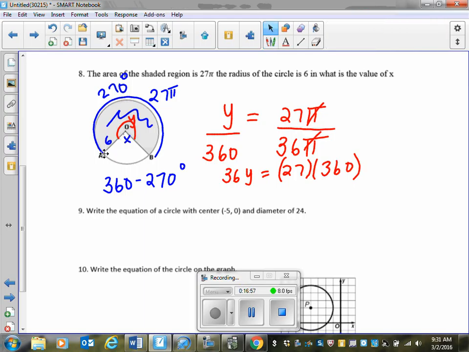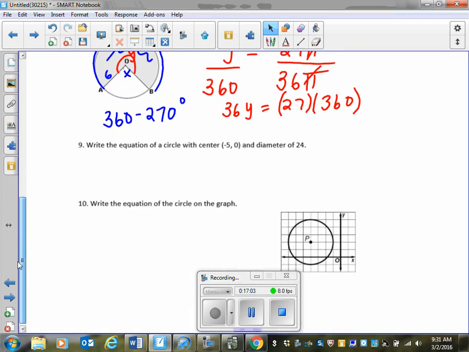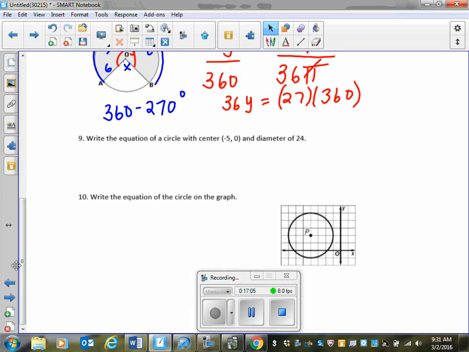All right, number 9. Write the equation of the circle with the center and the diameter is 24. Remember, I have the center, very good. But for me to be able to write an equation of a circle, I need to know the radius. So if the diameter is 24, the radius will be what? 12.